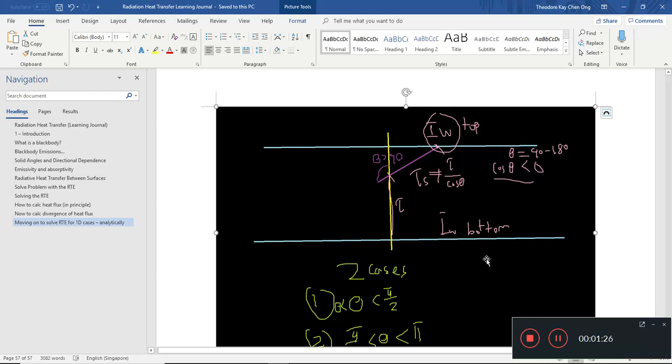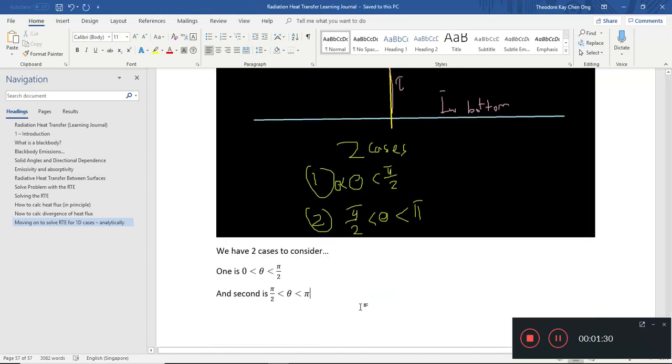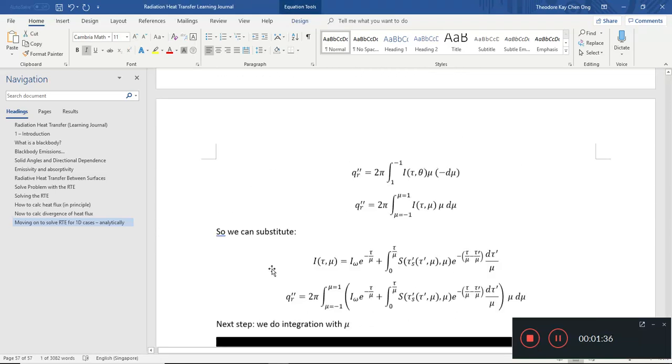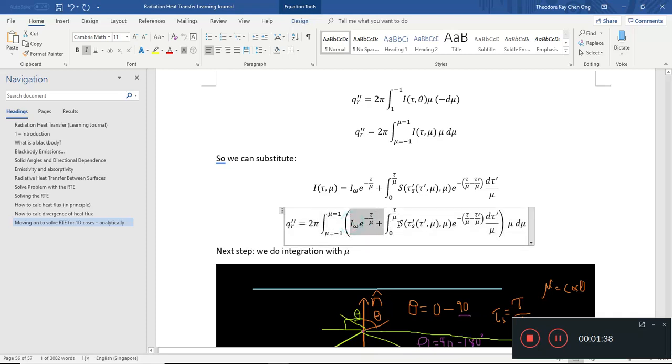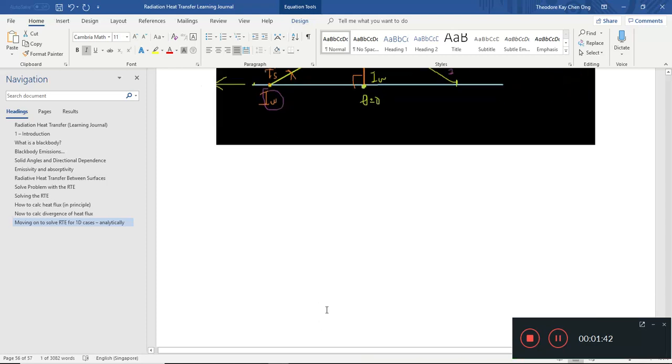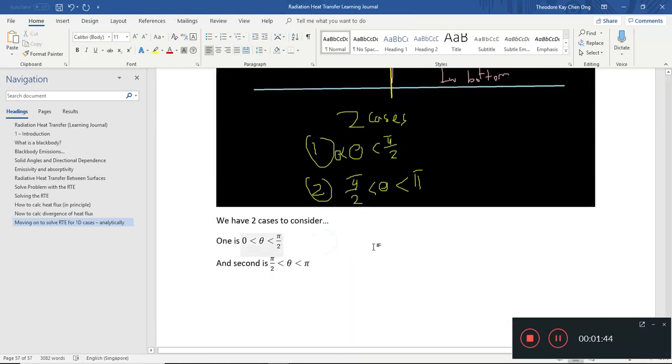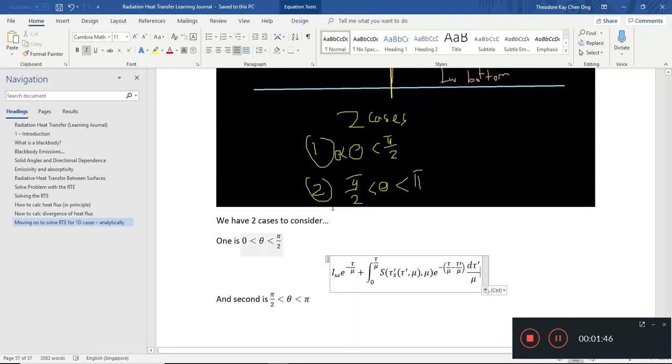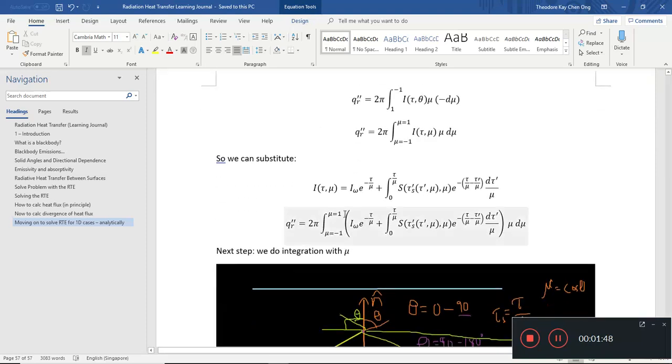Okay, so let's iron down some formulas. We have two cases to consider. One from theta equals 0 to pi by 2, and basically the formula is more or less the same for the intensity.